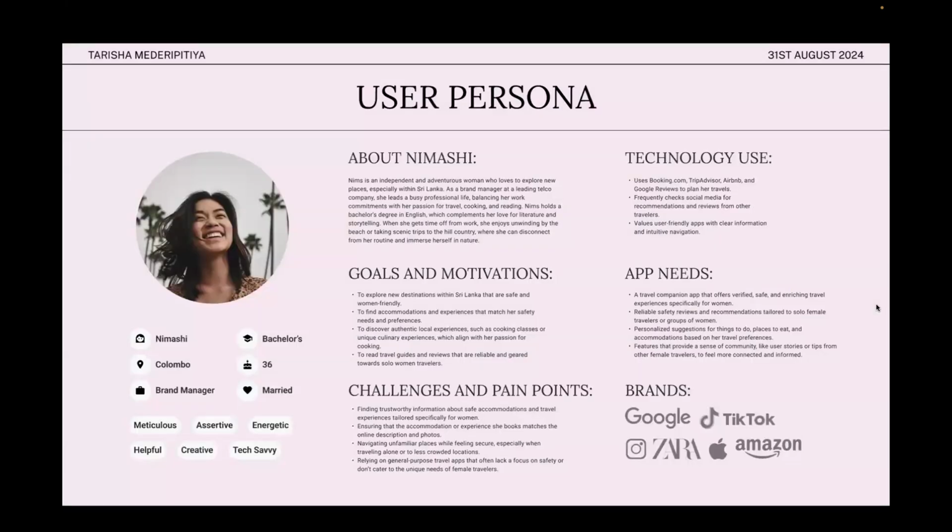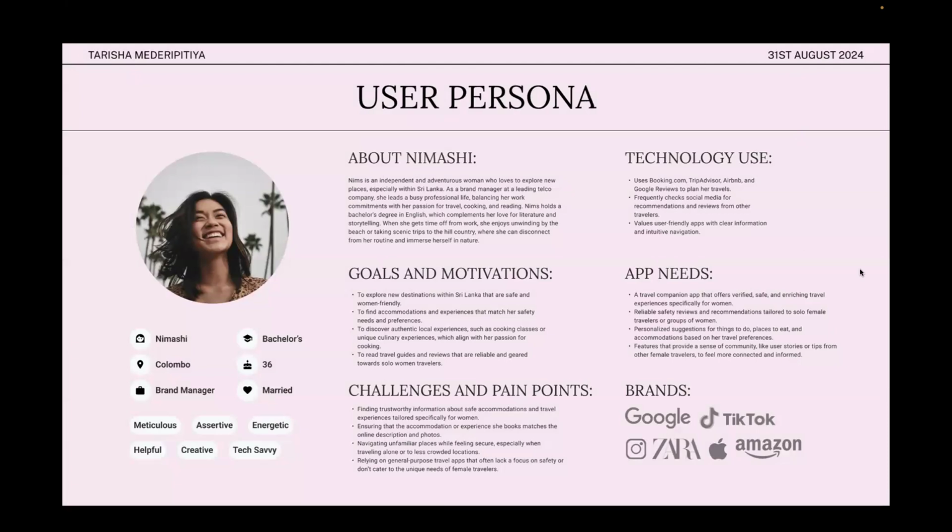So according to that, I created a user persona about a brand manager, Nimashi, who, oops, sorry, hold on. I'm just trying to do this. She's independent, adventurous, and loves to travel.